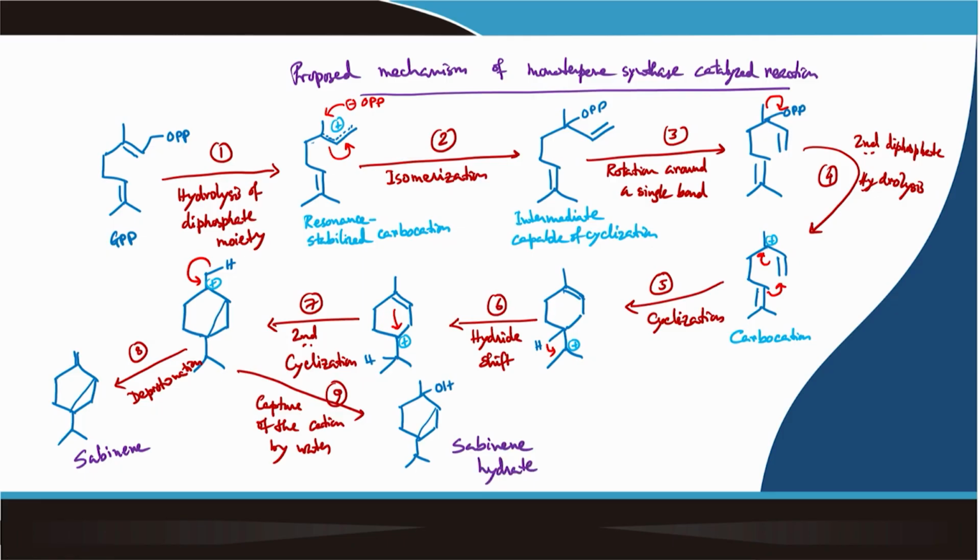So, this is basically the proposed mechanism for the cyclization of geranyl pyrophosphate or geranyl diphosphate to sabinin and sabinin hydrate under the catalysis of a monoterpene synthase. That is, the monoterpene synthase enzyme catalyzes these steps leading to the formation of sabinin or sabinin hydrate.